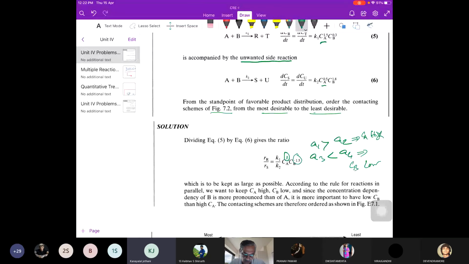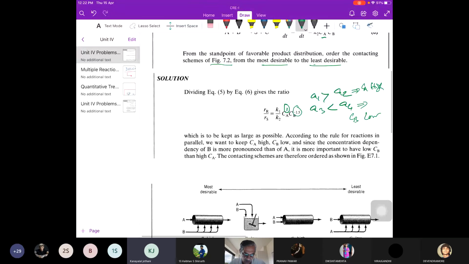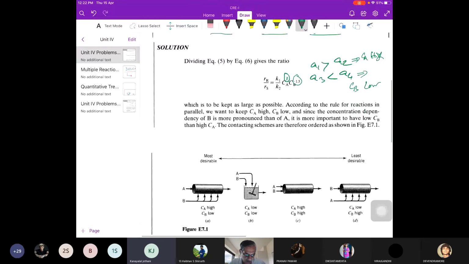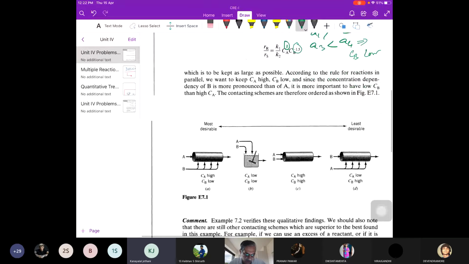Right? तो कैसा हो जाएगा? हमने देखा था, राइट? इफ यू वांट CA हाई, प्लग फ्लो रखना चाहिए. CB लो के लिए मिक्स फ्लो चाहिए. Right? So we take this in PFR mode, PFR mode, and this is MFR mode.